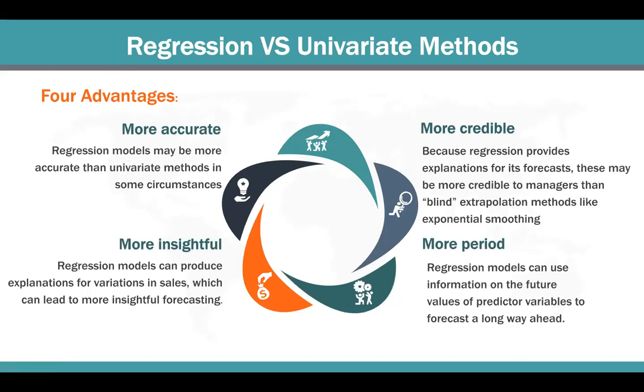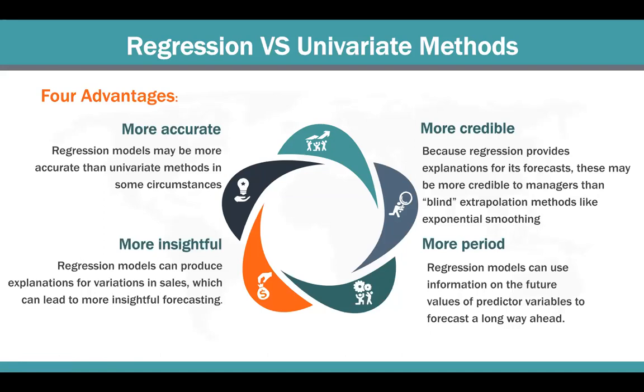But as we pointed out before, it always depends on the real situation, so this will not always be the case. Regression models can produce explanations for variance, for example in sales, which can lead to more insightful forecasting.